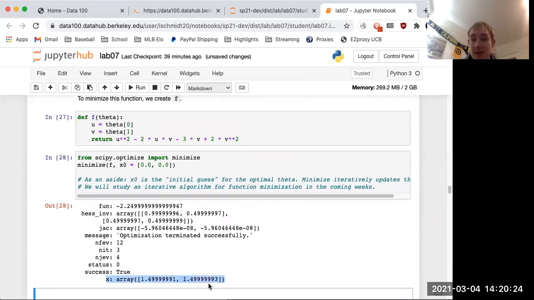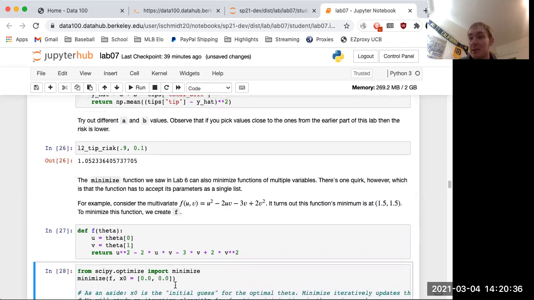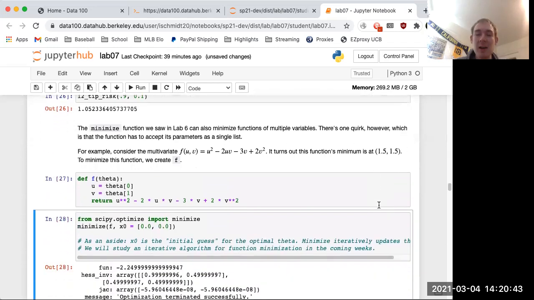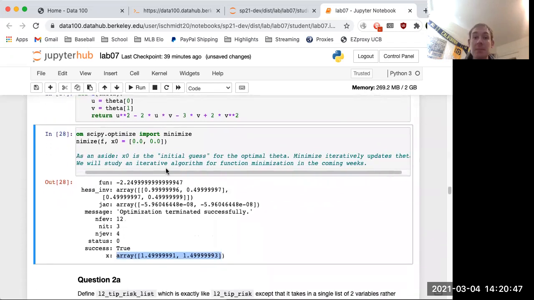Notice how x here is the minimizing x. X is now an array, also a list, 1.5, 1.5. We said above that the minimum value of this function occurred at 1.5, 1.5, and SciPy was able to find that. Surprise, surprise.